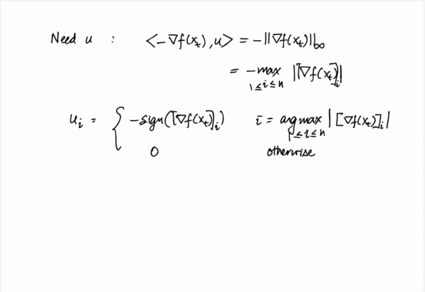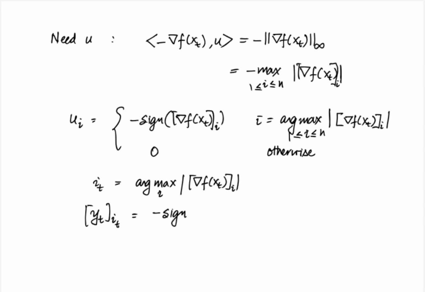So in summary, the Frank-Wolfe updates are given by i_t equal to the index of the entry with the maximum absolute value of gradient f of x_t, and by y_t equal to minus sign of that entry of gradient f of x_t, and x_{t+1} equal to (1 minus eta_t) x_t plus eta_t y_t.